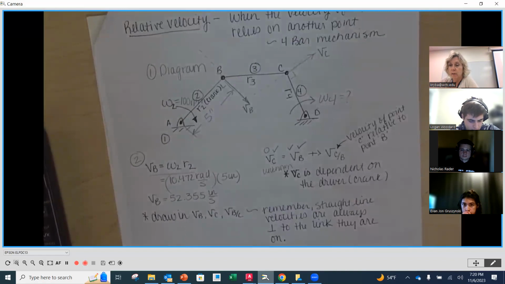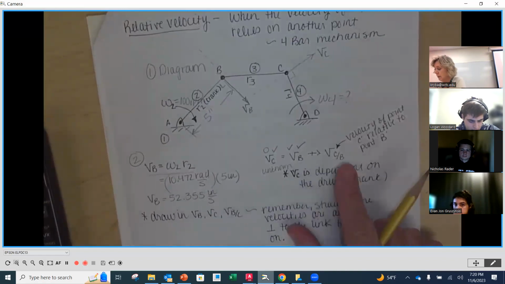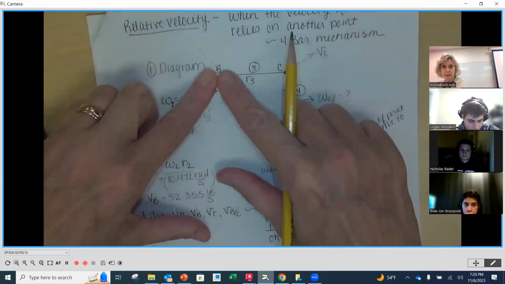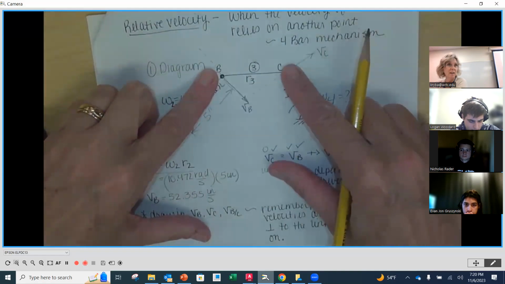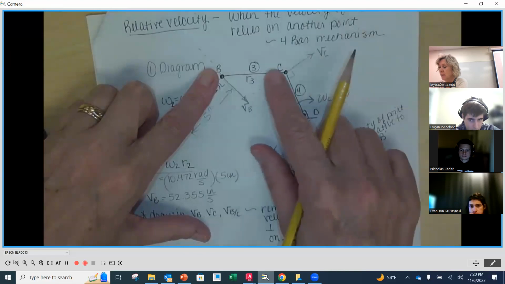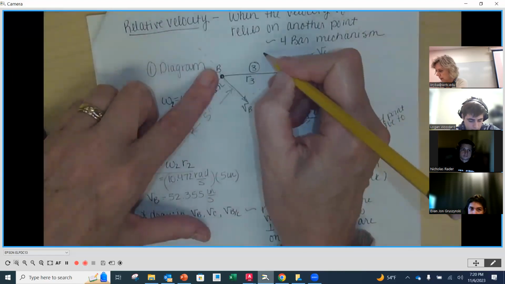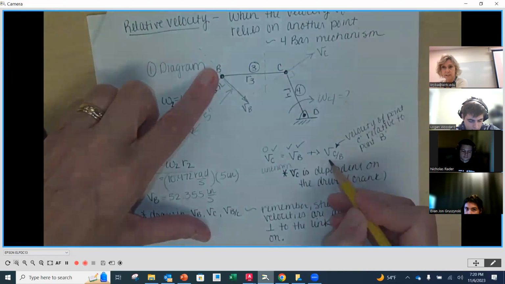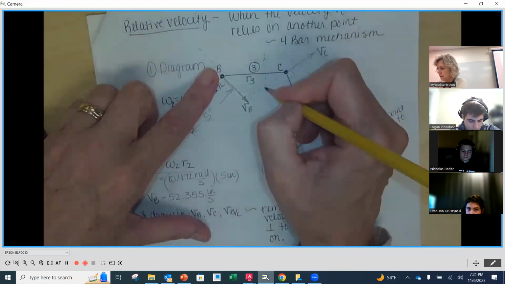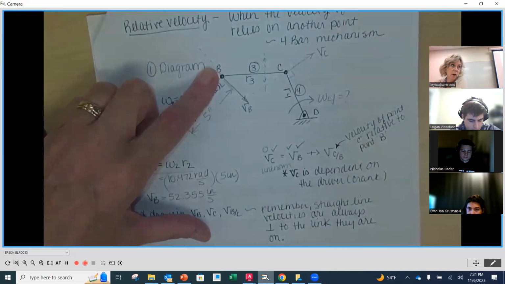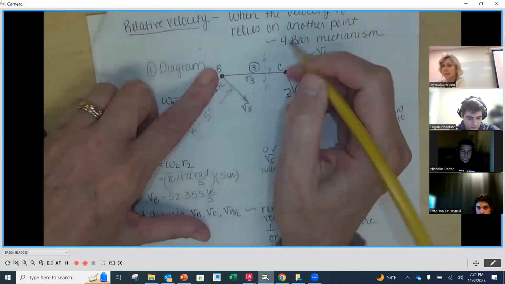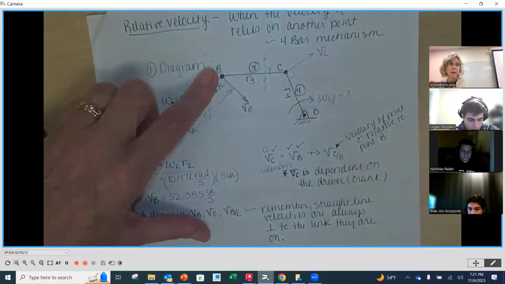So the velocity of C relative to B is going to be perpendicular to the line connecting those two. So if this line right here is horizontal, the direction of the velocity of C relative to B is going to be either up or down. We really don't know, but we know that it's going to be perpendicular to the link connecting C and B, that's between them.